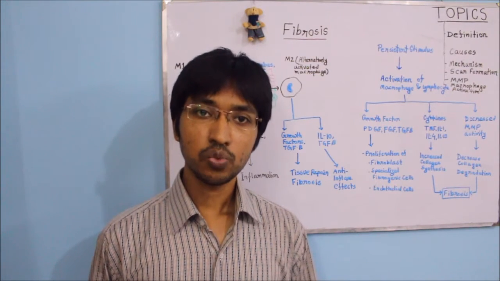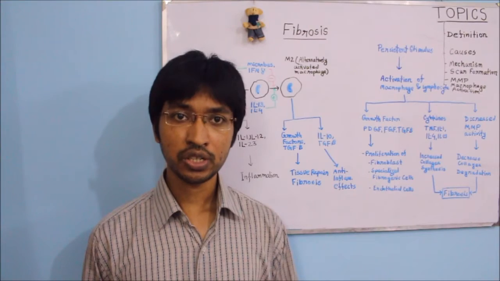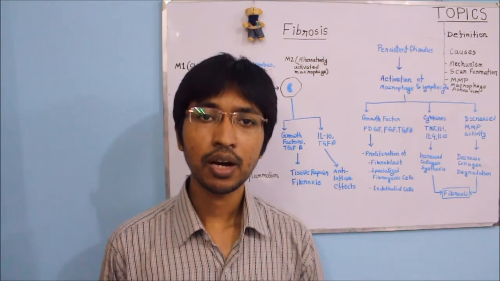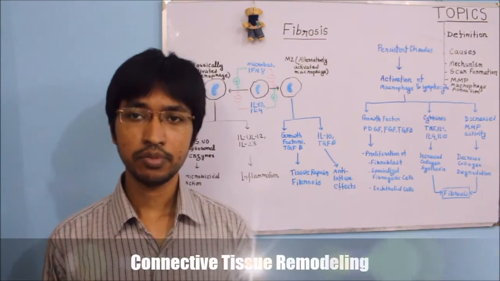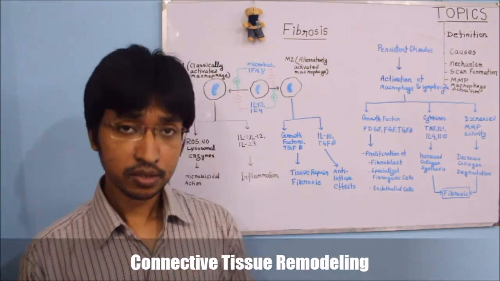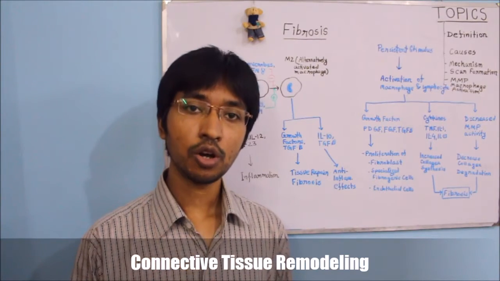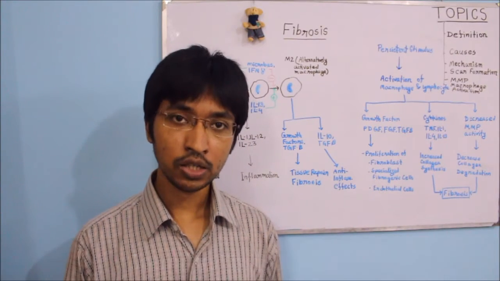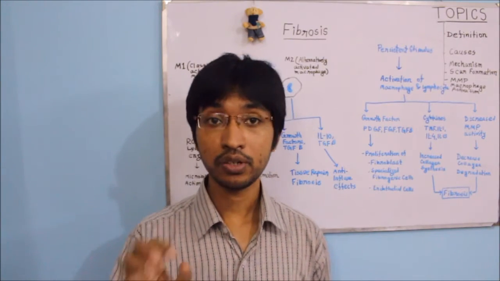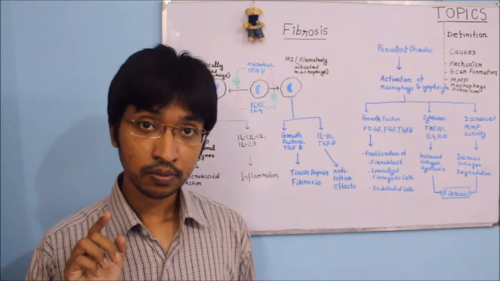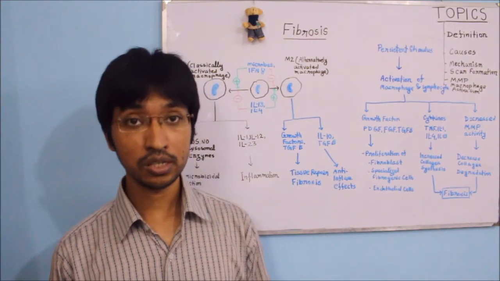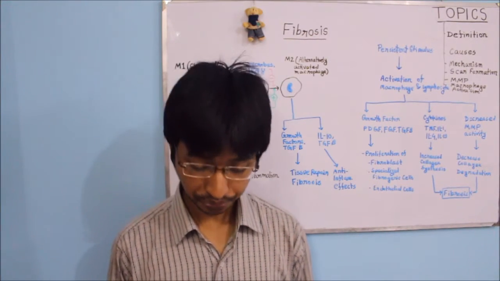The next thing that will happen during scar formation is remodeling of connective tissue. Now, what do we mean by remodeling of the connective tissue? Always remember, there must be a balance between the synthesis of collagen and other extracellular matrix components and their degradation. And that balance results in remodeling of the connective tissue.